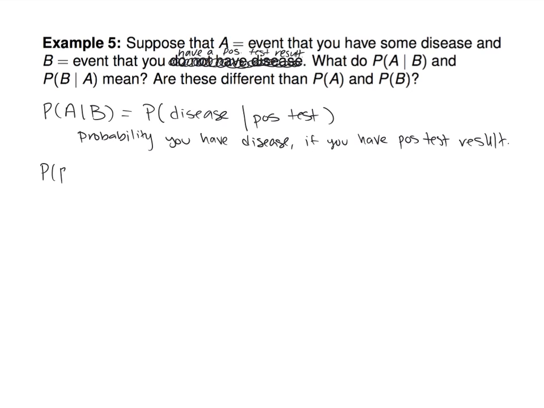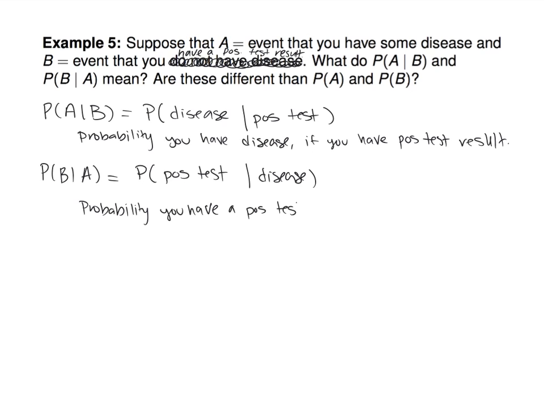How about P of B given A? Let's see if that means the same thing. Probability of positive test given disease. Is that going to mean the same thing? No. This is the probability you have a positive test result given that you have the disease.